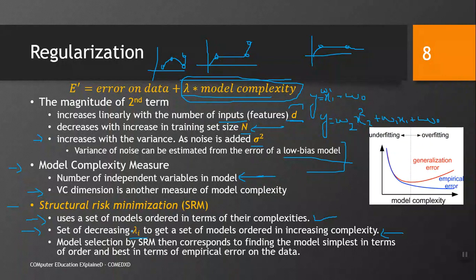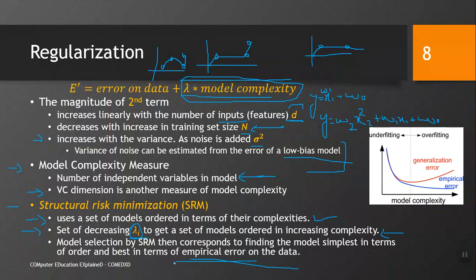So we use this regularization factor to arrange them properly and make their variance smaller. Model selection by SRM then corresponds to finding the model simplest in terms of order and best in terms of empirical error on the data.